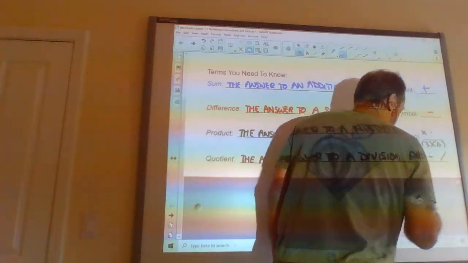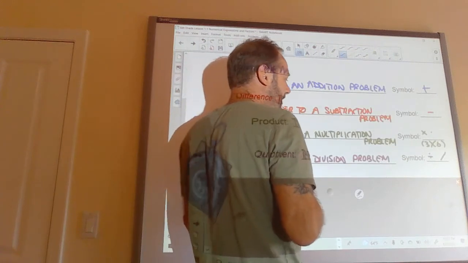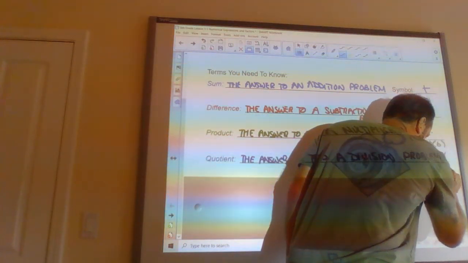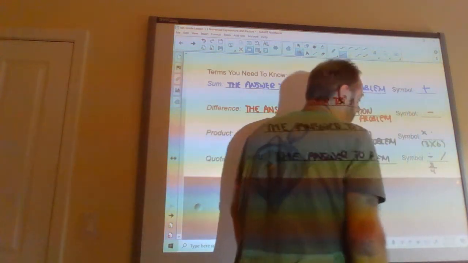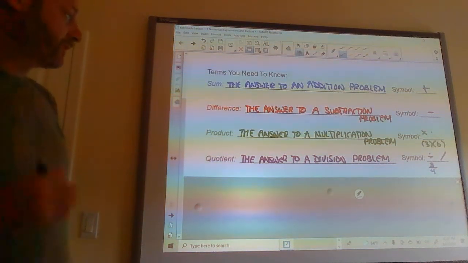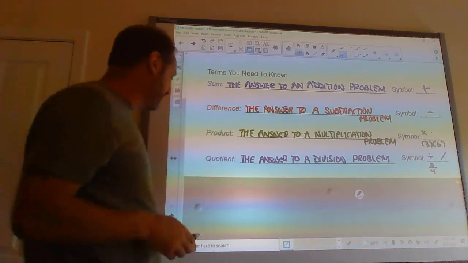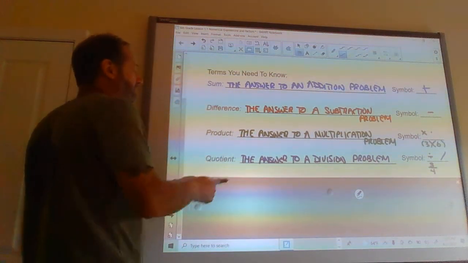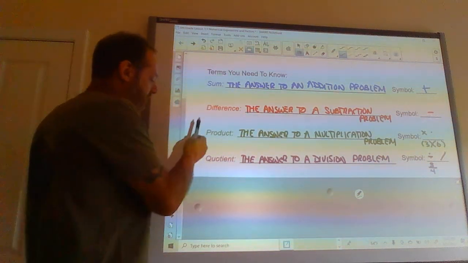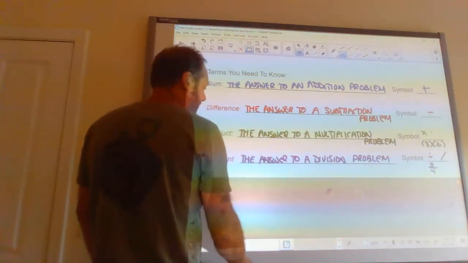You can see a slash like this. You can see things written as a fraction. So you can see like 3 over 4 like that. Really means 3 divided by 4. Okay? So make sure you know all those symbols. Now that may seem like stuff that you already know, but if you don't know those particular words, that can be a big problem.